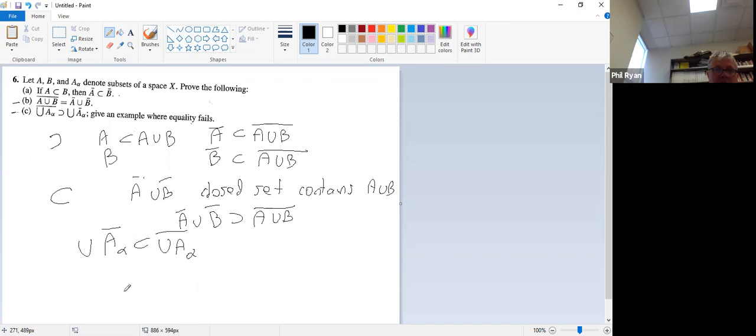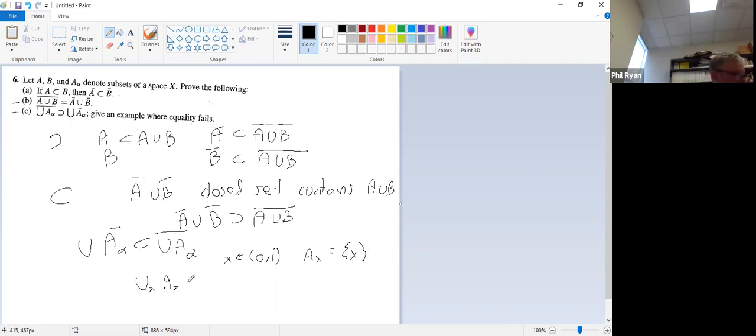But equality can fail. For example, just look at the union of A_x, where x is just an element of (0, 1). And so A_x is just the singleton set {x}.